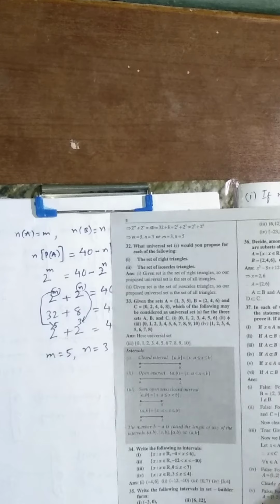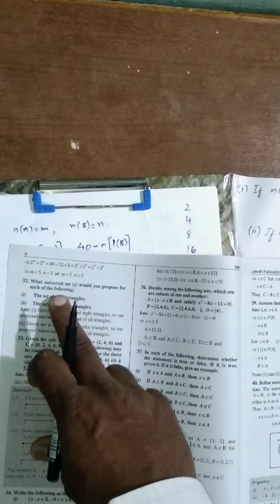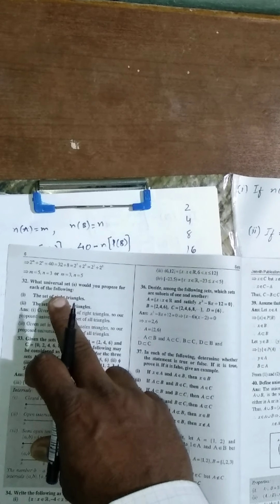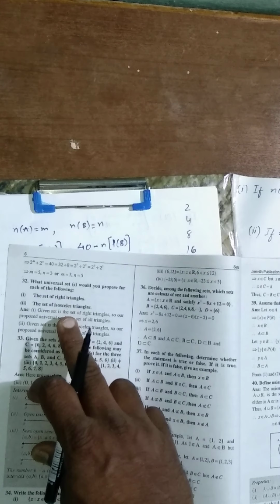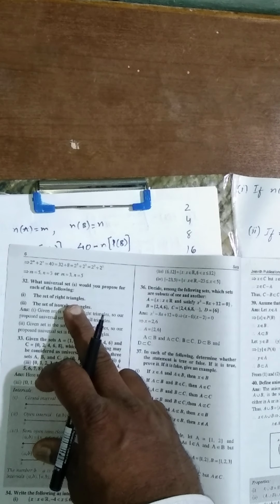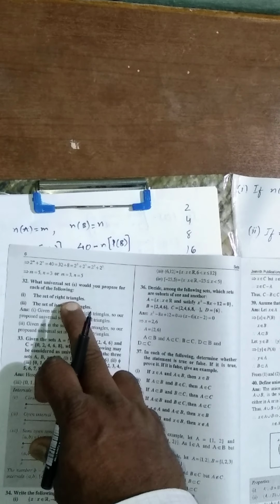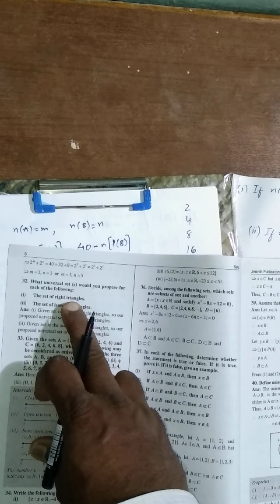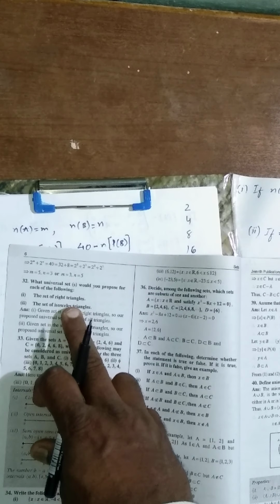Now we have a question here. What universal set would you propose for each of the following? Yesterday we saw the definition of universal set. The set of right triangles, for this what will be the universal set? All elements of this set must be present in that set, then only we can say that is a universal set.